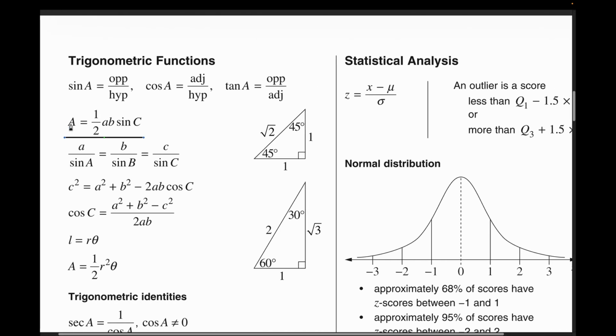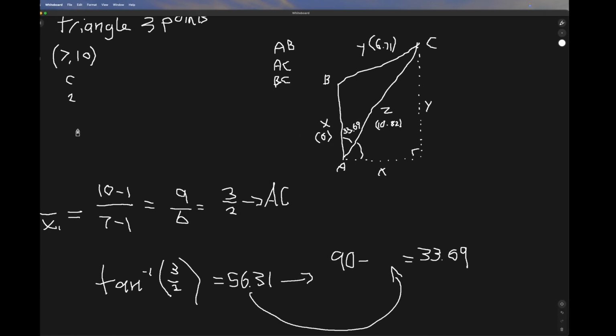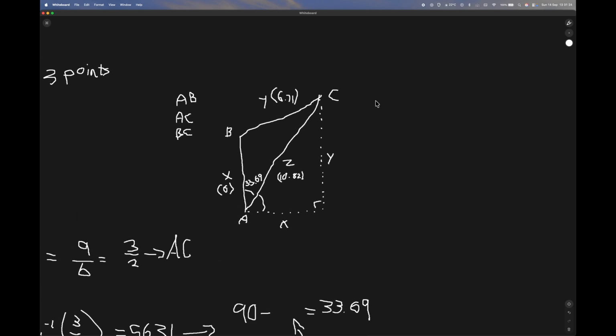Now we know area equals half ab sine C. I'll write that here. So area equals, so that's half.